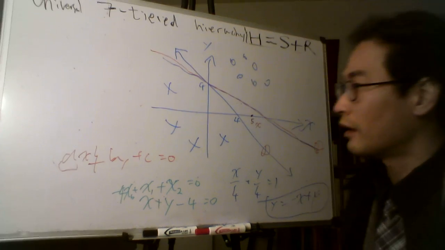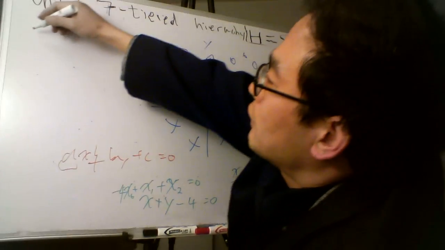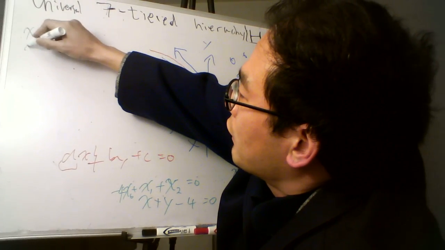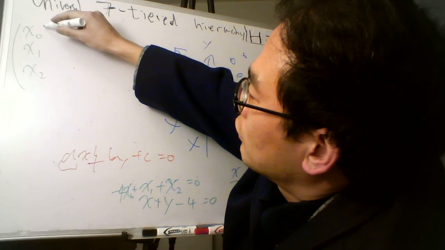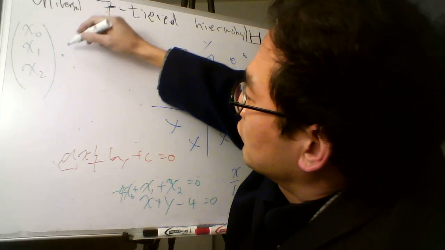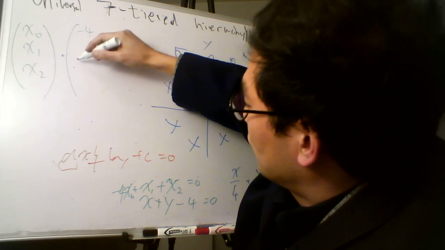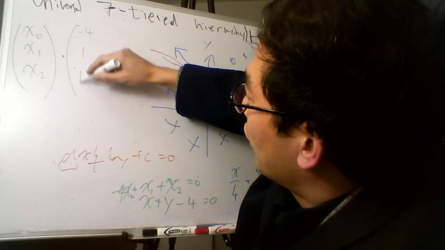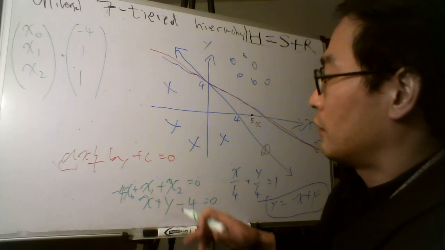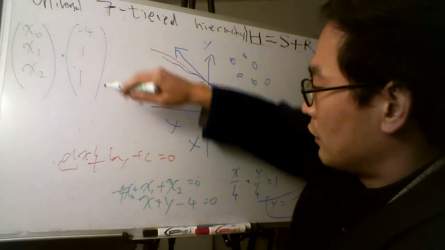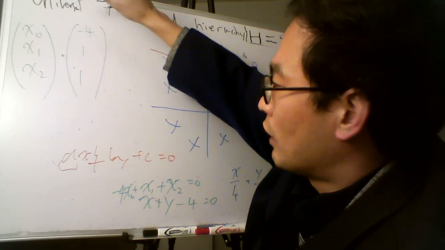I'm going to write right here: x0, x1, x2, dot product, minus 4, 1, 1. That's the coefficient of these variables. Is equal to the dot product: you multiply, and you add them all together.